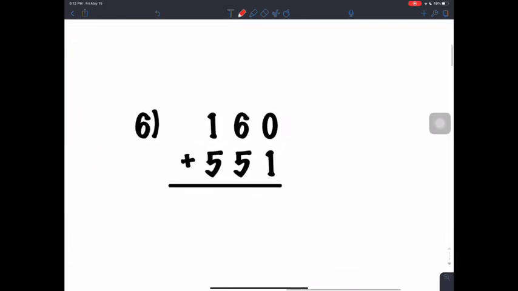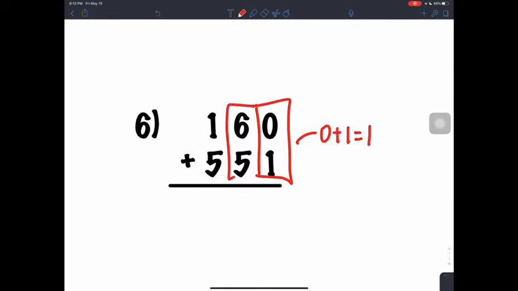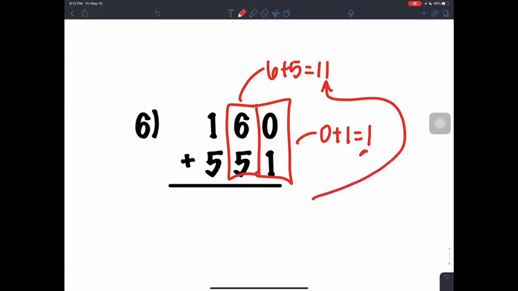With this sixth question, we're dividing these into columns again. We have 0 plus 1, which gives us 1. Then in the second column, we have 6 plus 5, which gives us 11. So then we're taking the number in the ones place. This number goes here.